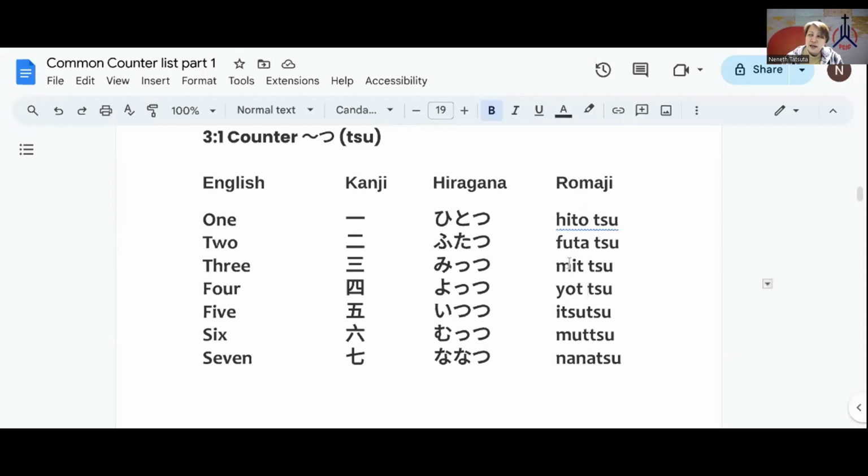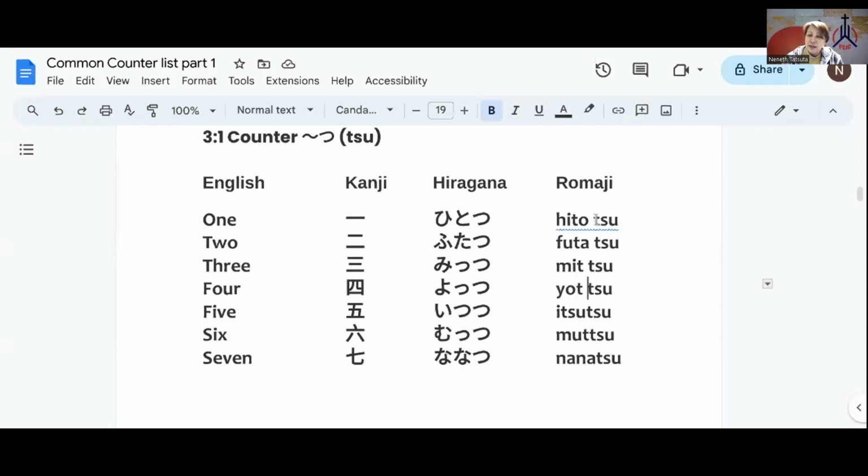It's like your calendar days. Okay? Although tsuitachi is not like that, the first day in the calendar is tsuitachi, but the next is futsuka, also like futatsu, mikka, also like mitsu, yokka, also like yotsu.